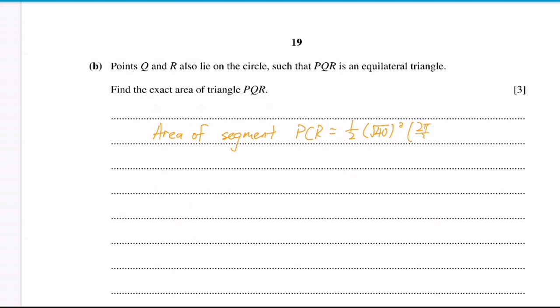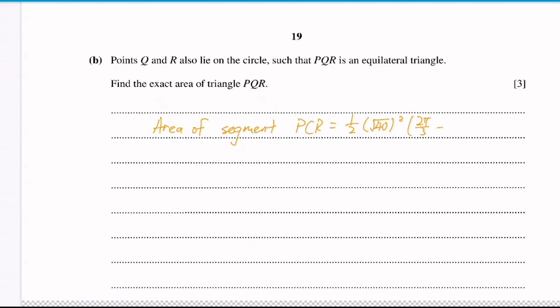So when we square this we get 20, and then we have 2 pi over 3 minus sine 2 pi over 3, which is root 3 over 2.